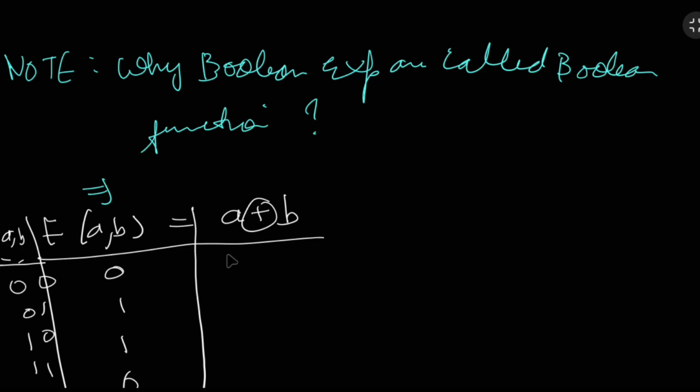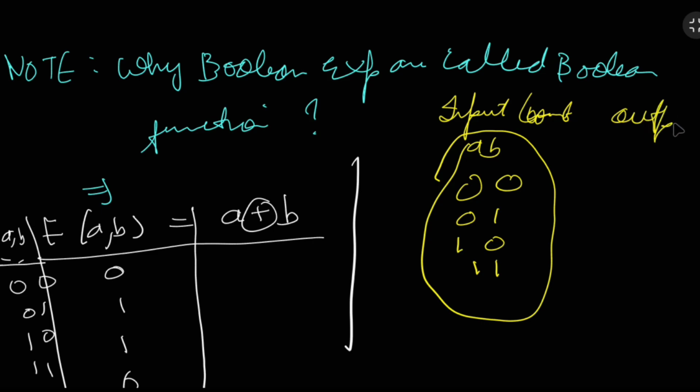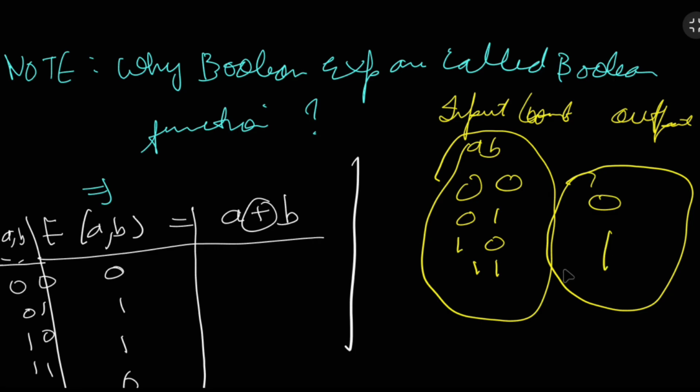XOR is your expression. Now what you can notice is that same thing as a function. How can you say it is a function? Domain will be the input combinations: 00, 01, 10, 11. Let's assume A comma B. Output possible will be 0, 1.